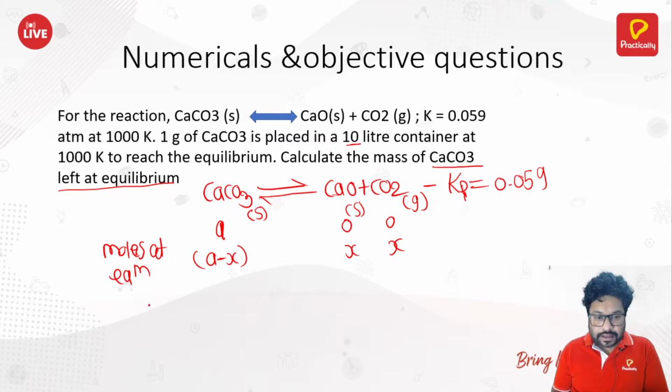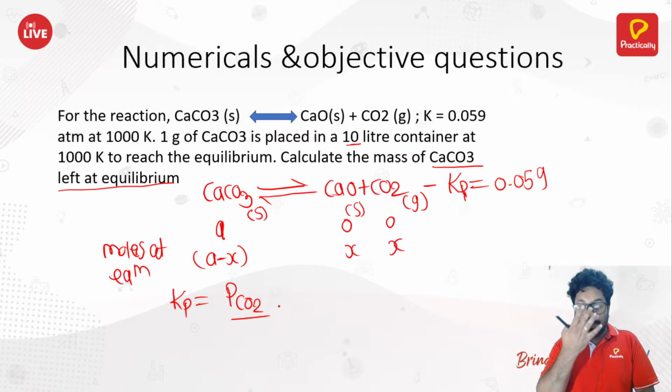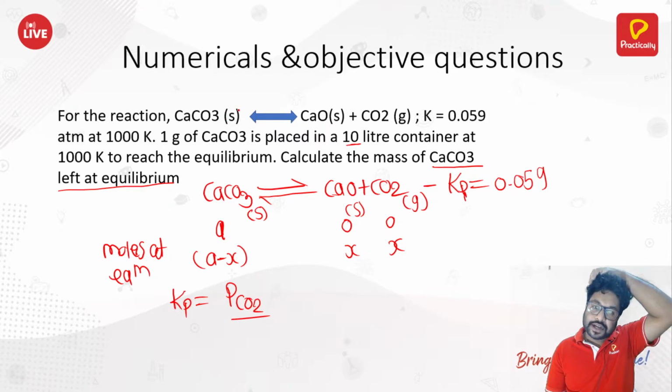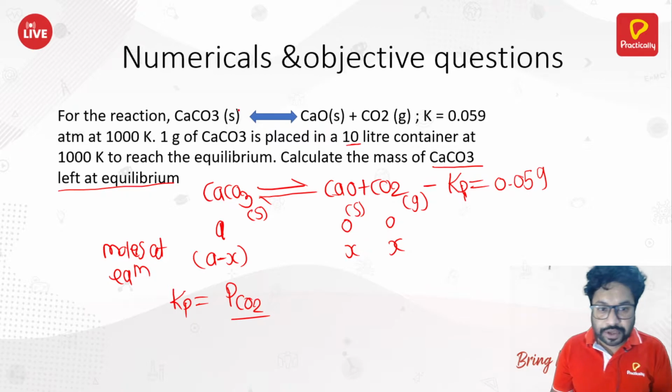Now this Kp will be ultimately equal to the partial pressure of CO2 only, because the other two species are in a solid state. And as I told you, if you remember, the partial pressures of pure solids and pure liquids are taken as unity.